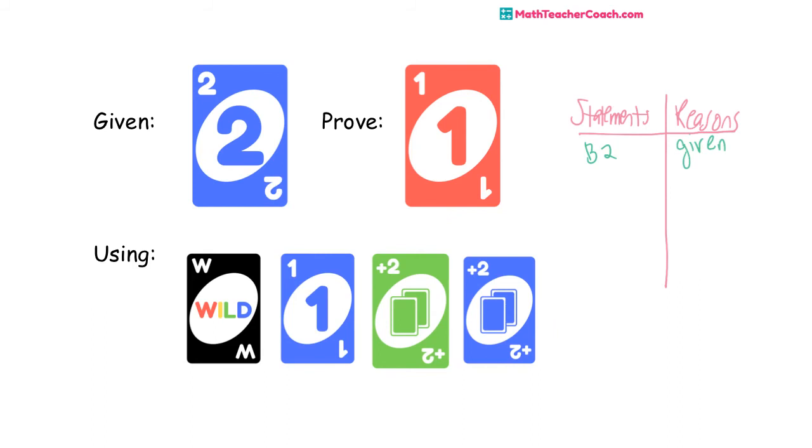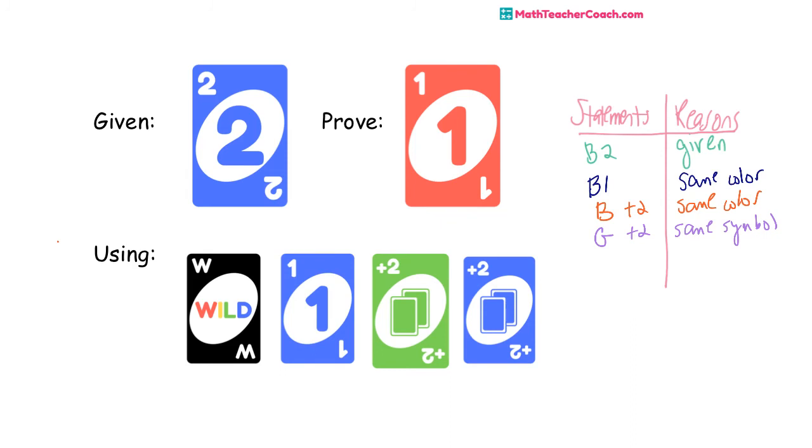So next will be the blue 1 because it's the same color. And then we have the blue draw 2 because it's the same color. Next, we've got the green draw 2 because it's the same symbol.